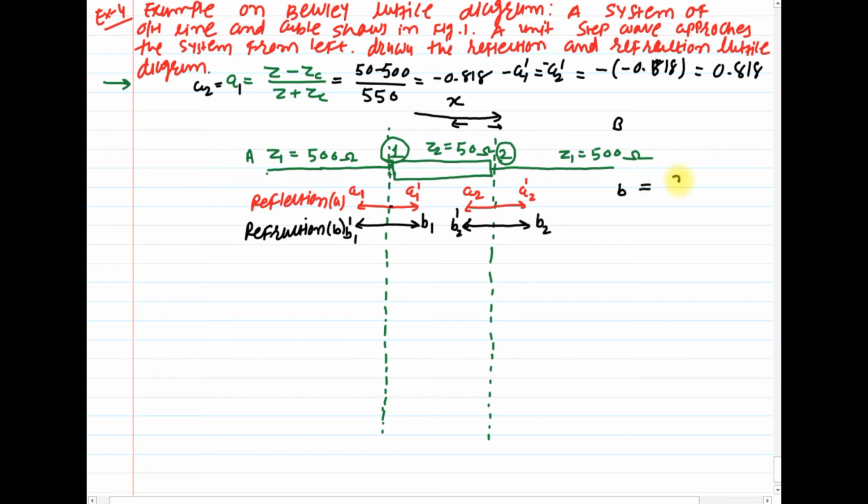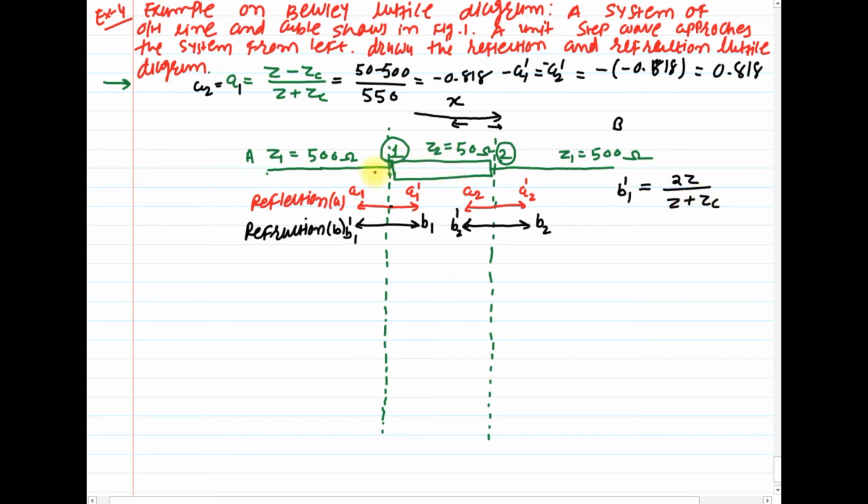B is equal to 2z divided by z plus zc. Clear? So for the b1 dash, over here it shows the refraction of the traveling wave from the junction at the left hand side. So b1 dash is equal to 2z divided by z plus zc.